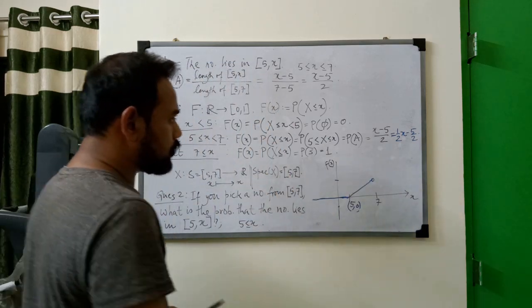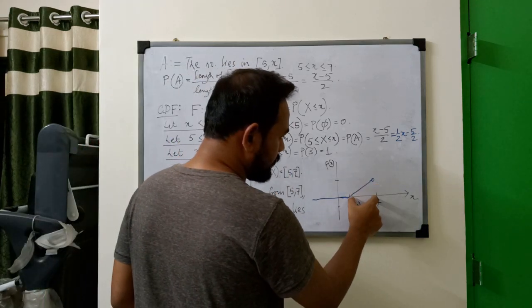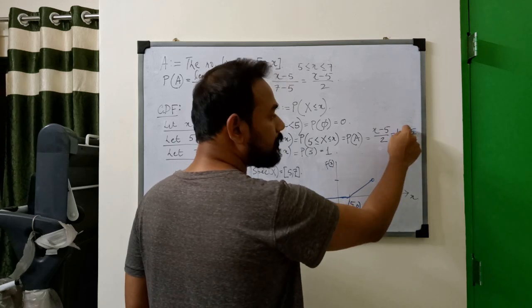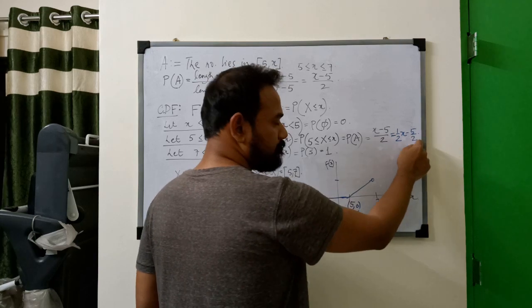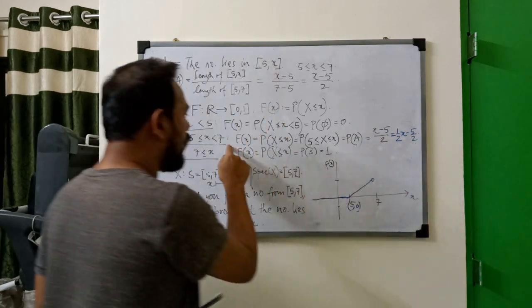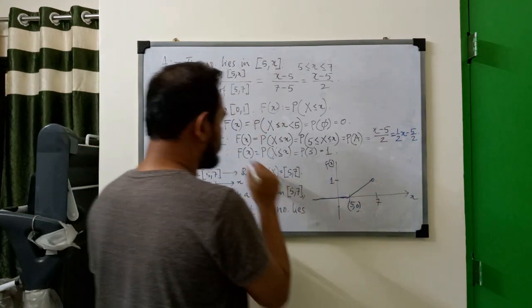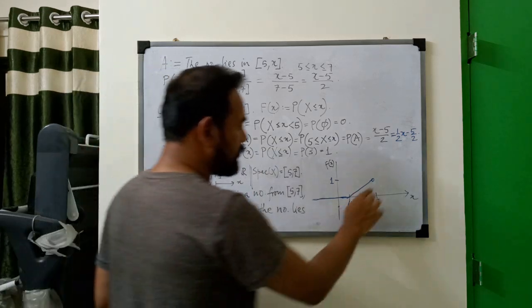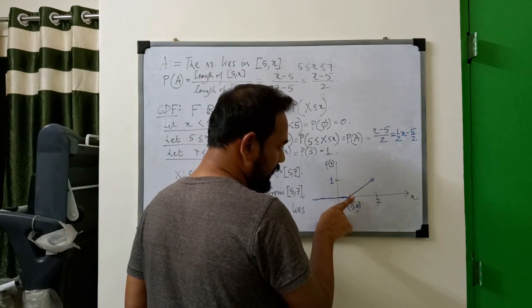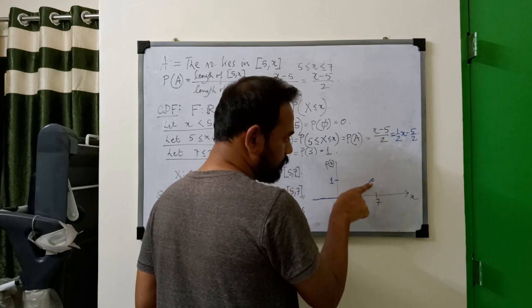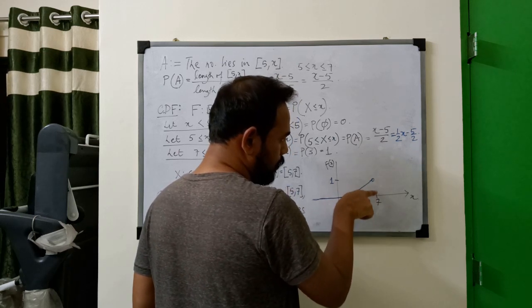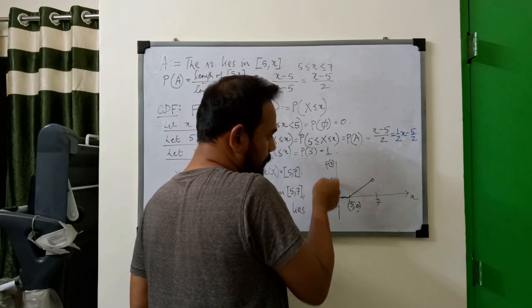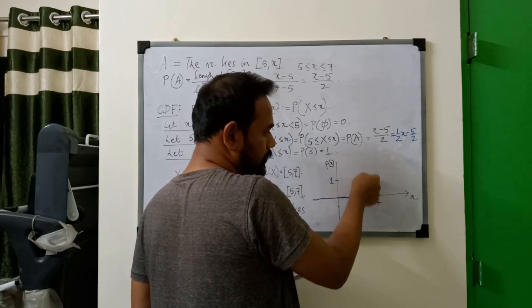The x-coordinate of this point is 7. If you put 7 in there, you get 7 by 2 minus 5 by 2, which is 2 by 2, and that is 1. So you have 1 on the y-axis. As the line goes towards 7, not touching 7, this y-coordinate reaches up to 1.